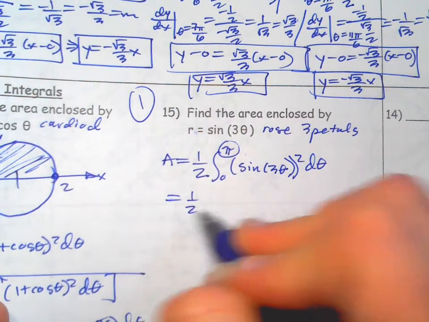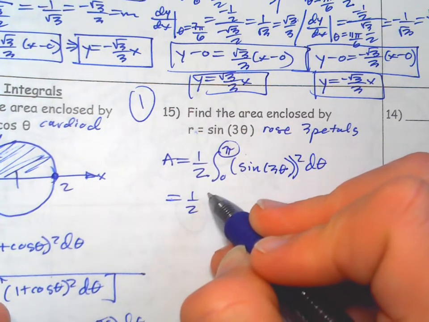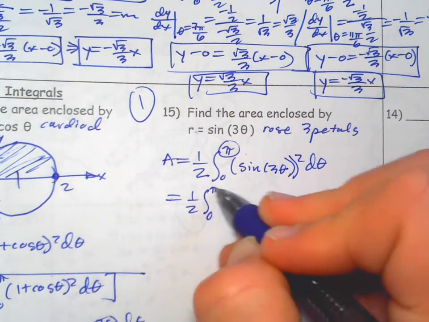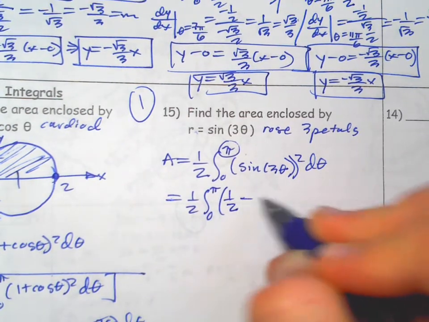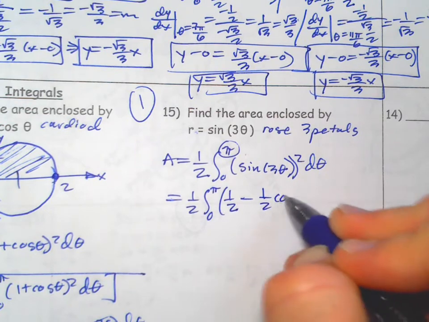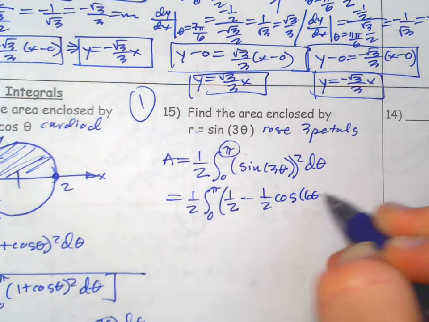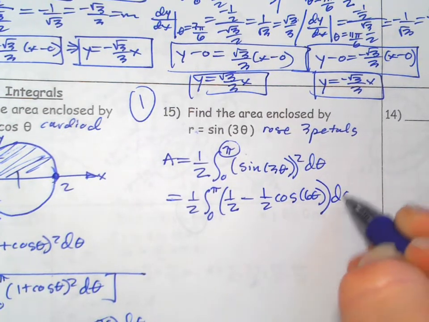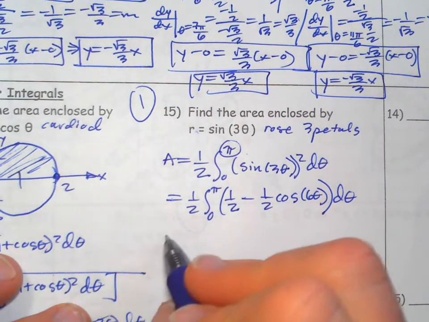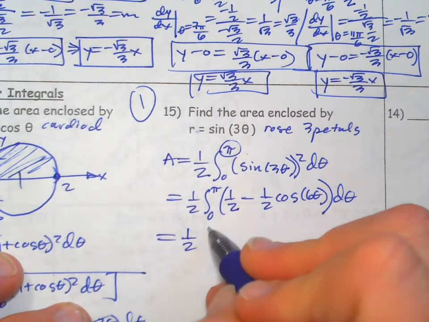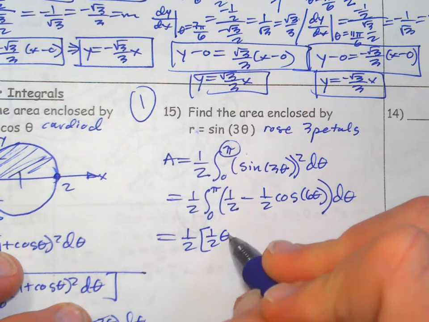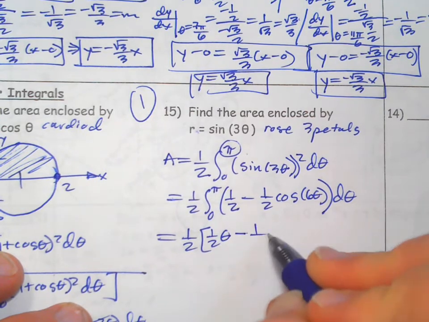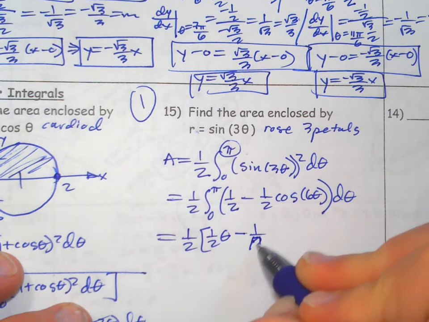Now it's going to be minus 1/2 of the doubling of cosine. It's going to be 6 theta. It's got to be cosine. It's got to be negative. Okay, so minus 1/12.